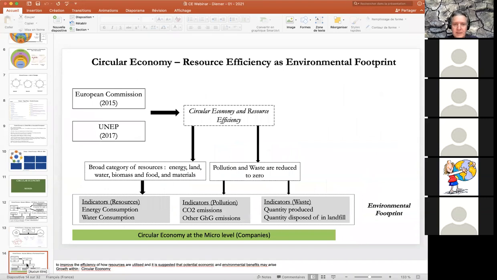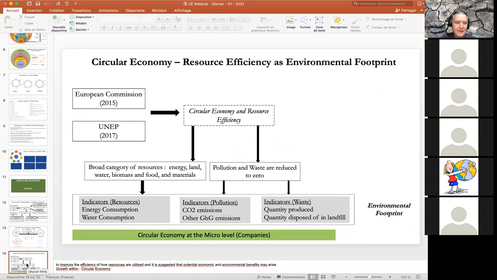The third question is, if you check these two methods, the system dynamics one and the CGE or resource efficiency one, you start to find another way to use it: resource efficiency, like environmental footprint. And now I'm coming back to the company level, the micro level, because when you are focused on resource efficiency, you have a broad category of resources.